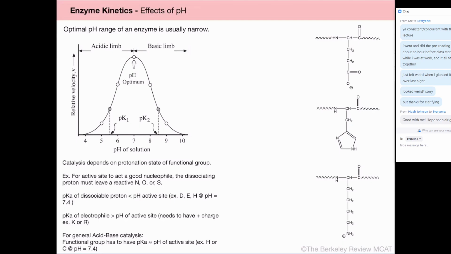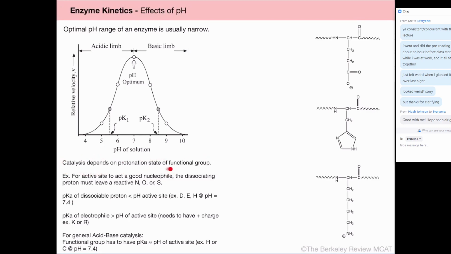pH, as I alluded to in the last lecture, is incredibly important for the efficiency of an enzyme. For any given enzyme, there's usually an optimal pH range, and it's usually pretty narrow. Catalysis, whether it can break a bond, put on a bond, whatever it is, is going to depend greatly on the protonation state of the functional group.